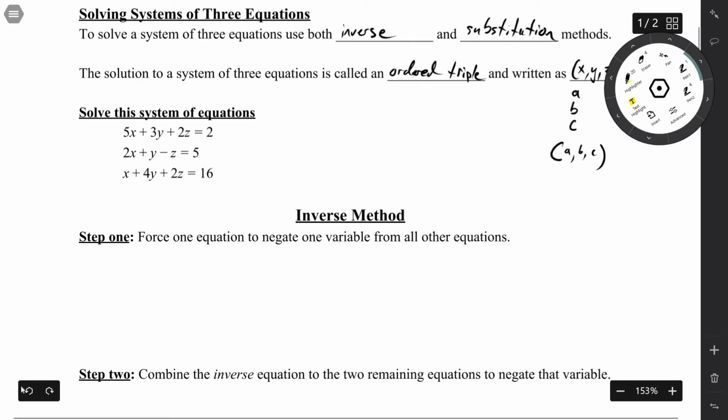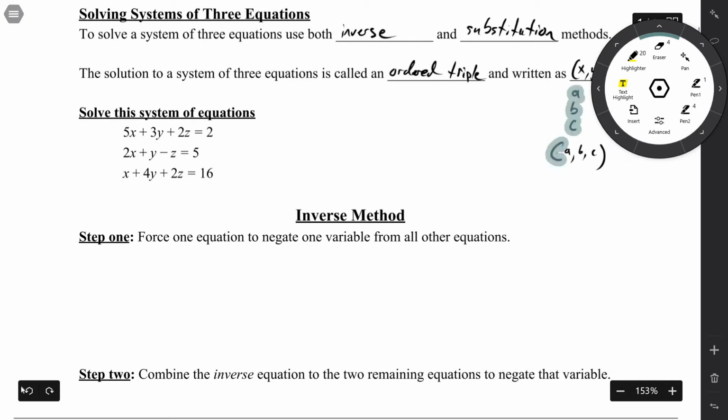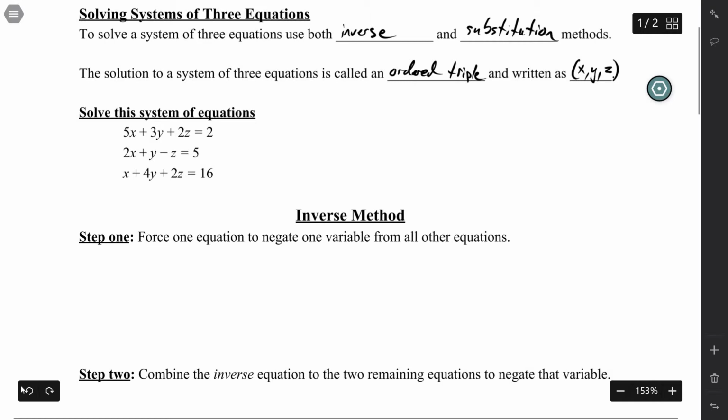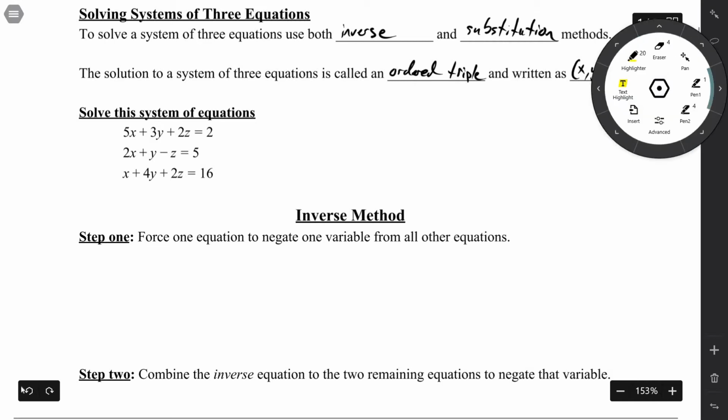Pretty straightforward. If the variables are not letters that you can string together in that order, I would just write it out: x equals, y equals, and z equals, instead of trying to force it into an ordered triple. That won't make a lot of sense. So let's jump through a quick example.